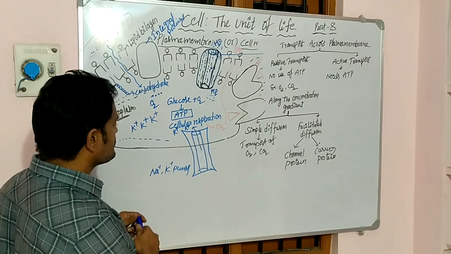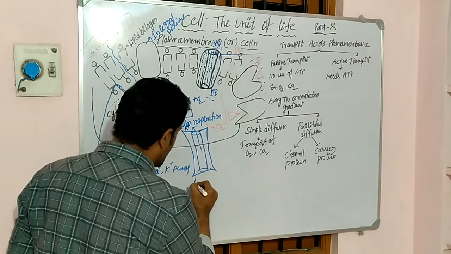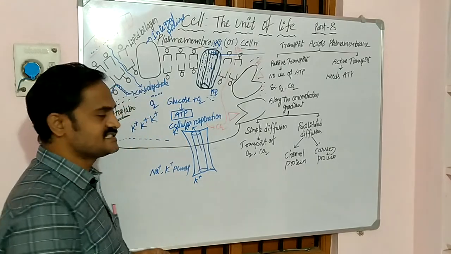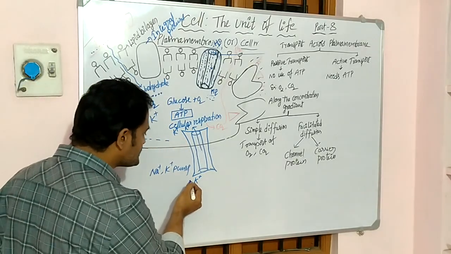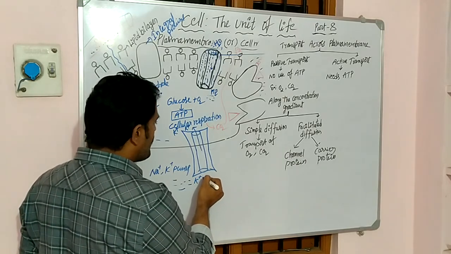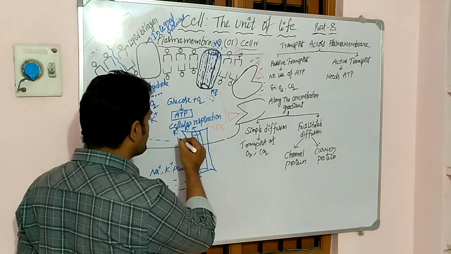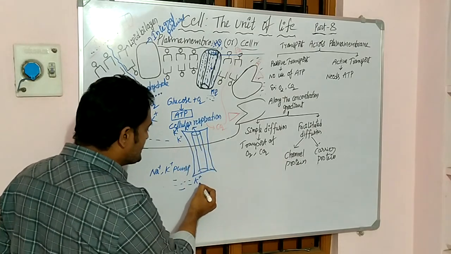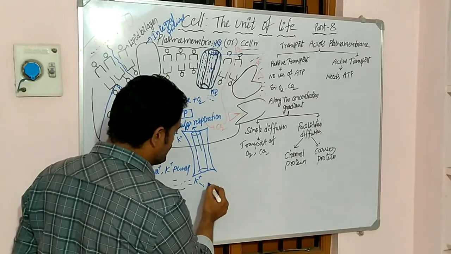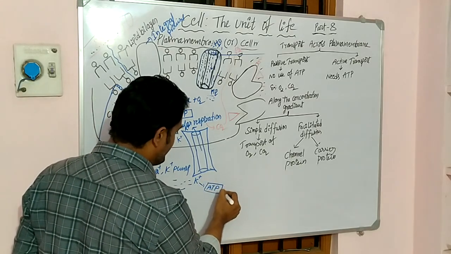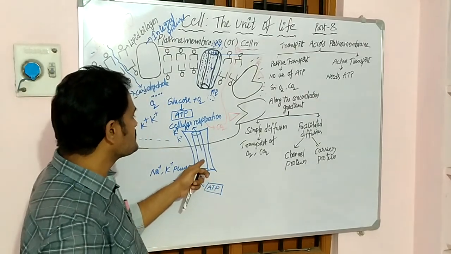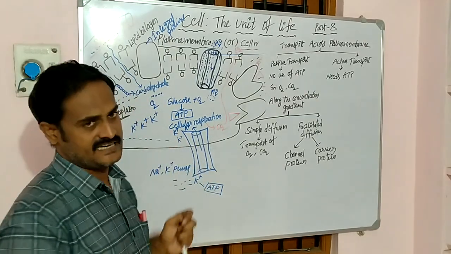When the potassium ion which is present outside of the cell, in the interstitial fluid, passes to the inside of the cell, it uses an ATP molecule. Remember, it uses the ATP molecule. Then it passes inside the cell.